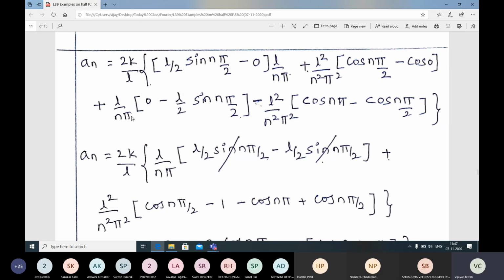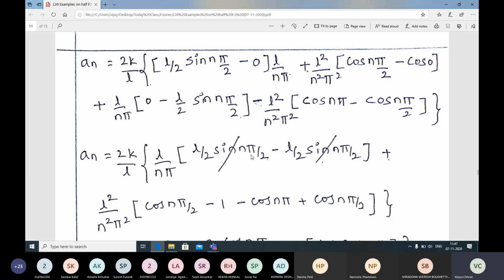Now simplification, 2k by L as it is. Now L divided by n pi, take common. So collect the coefficients of this, which is as it is, and the coefficient of this is L by 2 sine n pi by 2, and here also plus into minus is minus L by 2 sine n pi by 2. I'll explain it once again. So here also L divided by n pi, and here also L divided by n pi. Take it outside, and from these two terms, what do we have?